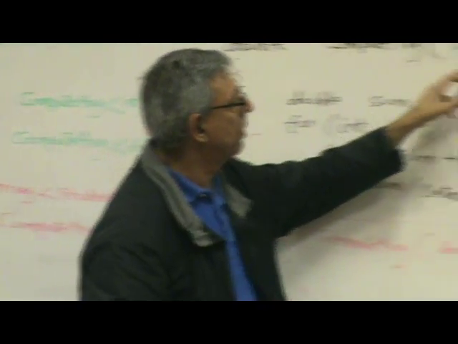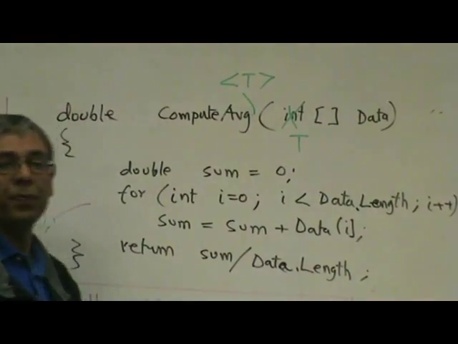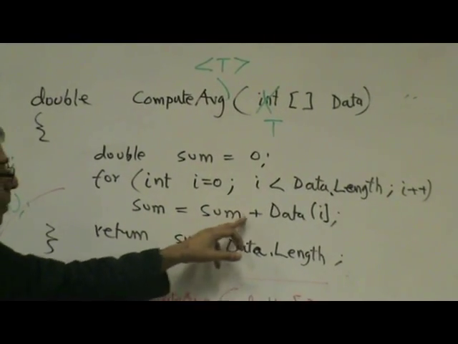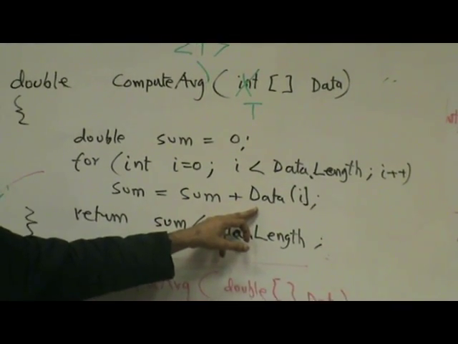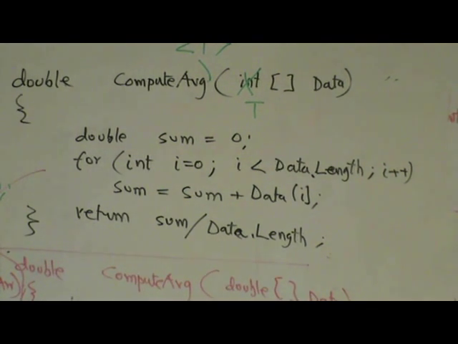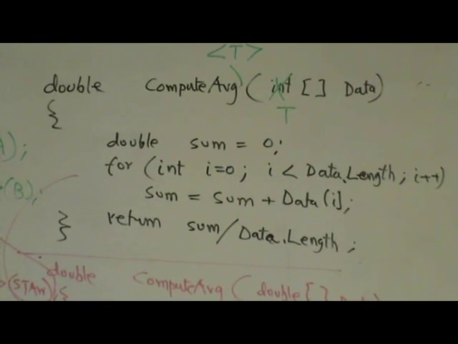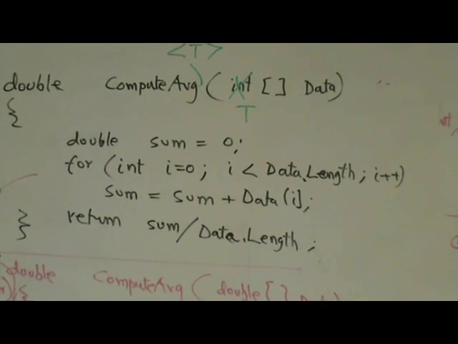So we'll come over here, right? T will be what now? Student. So sum plus data of i: how can we add a student to a double? It doesn't make sense, right? So what's the constraint that we need in this case?